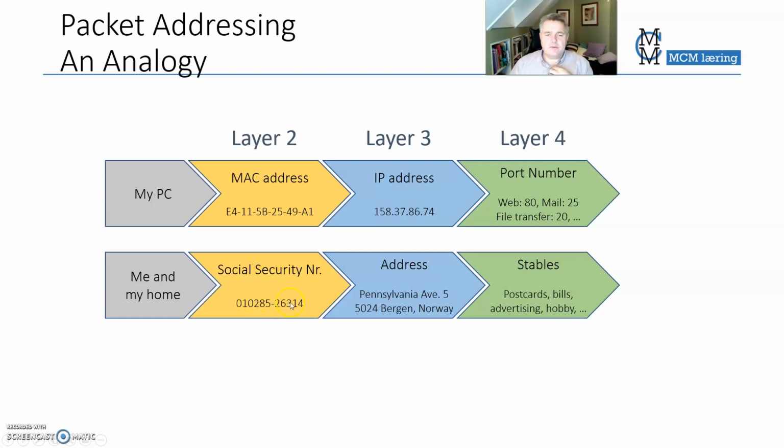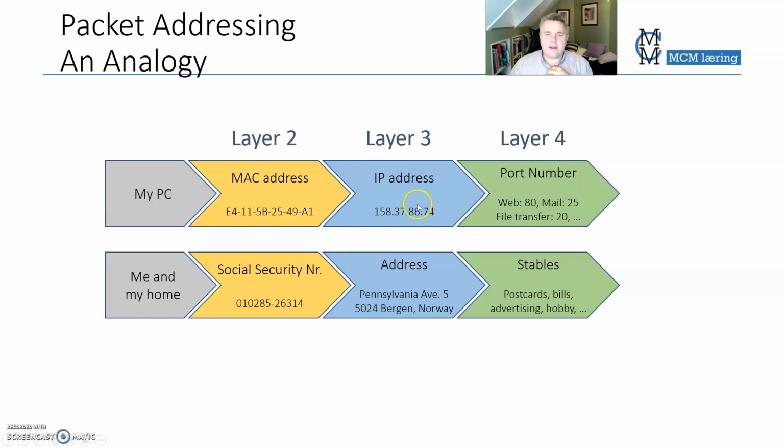If I move around in Norway, to northern, southern, eastern or western Norway, I will carry my social security number with me. And the same thing is true of the MAC address. The computer that I have has its MAC address on my network card, and it will always carry that number as long as that computer lives. So it's a unique number worldwide.